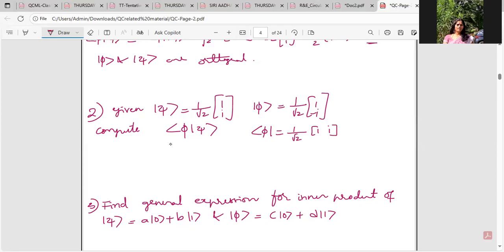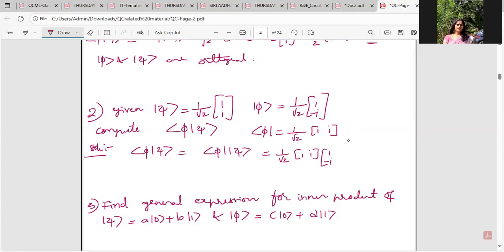So if I'm computing the inner product, just split it again: 1 by root 2, of course it becomes 1 by 2, (1, I) and then (1, minus I).